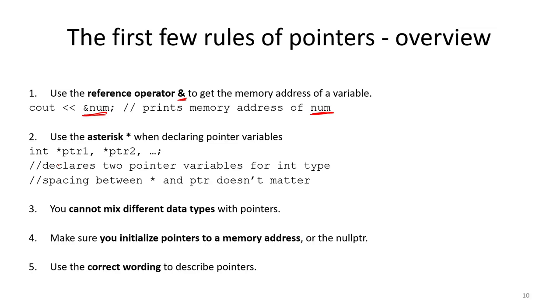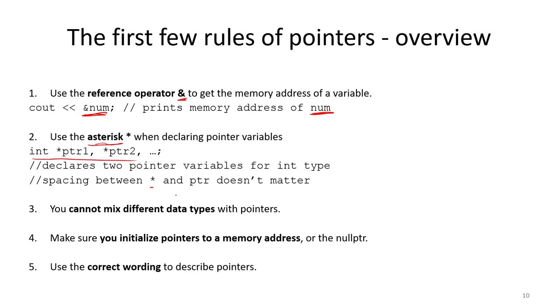If I want to declare a pointer variable, I need to use an asterisk. So you'll see here, for example, if I want to declare two pointers, ptr1 and ptr2, I have to write int star ptr1, star ptr2. And that asterisk is what designates that value as a pointer.